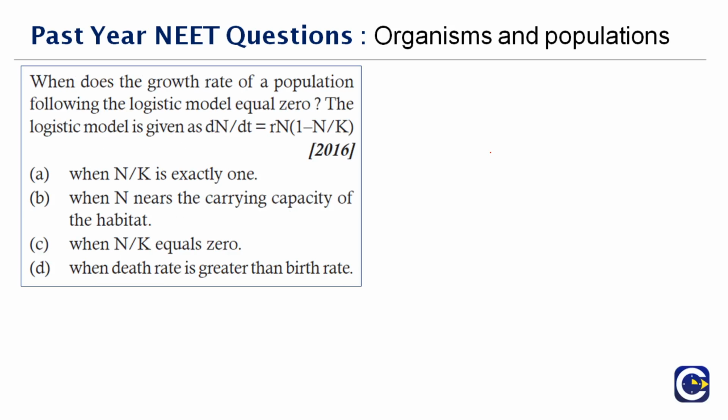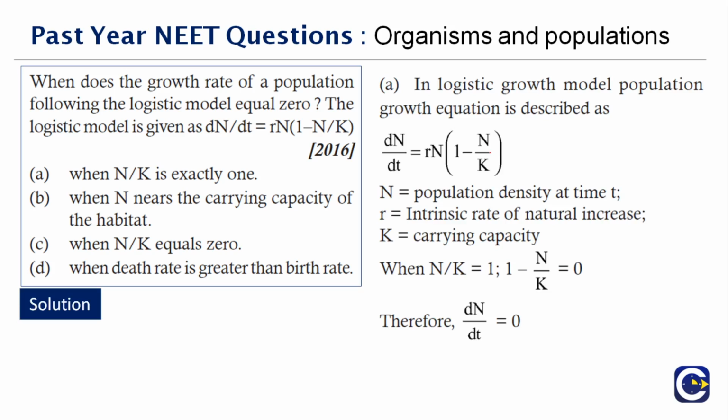Next question here. When does the growth rate of a population following a logistic model equal 0? The logistic model is given as dN/dt = rN(1 - N/K). This we already saw for population growth. In this equation, N represents population, r represents the natural increase rate, K is also called the carrying capacity, and t is the time.